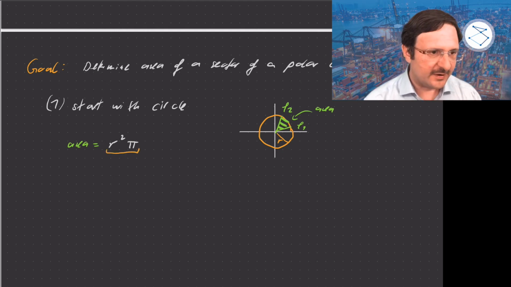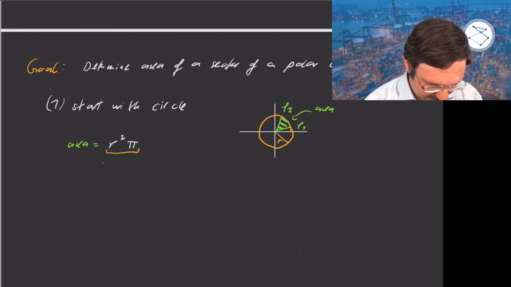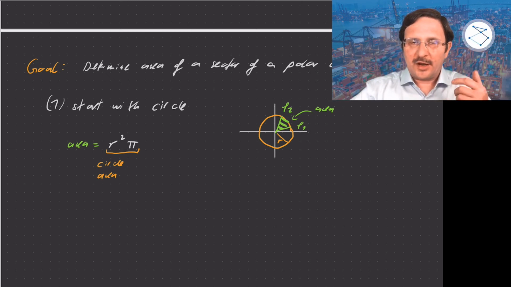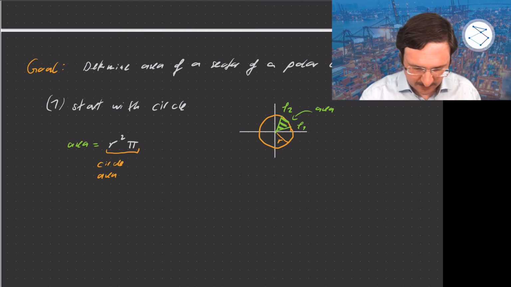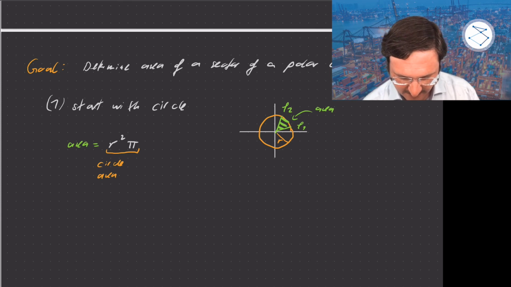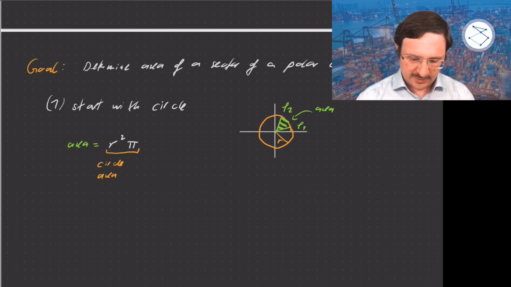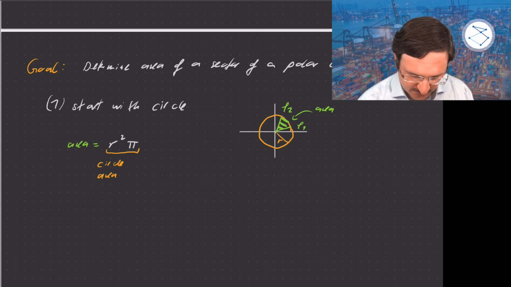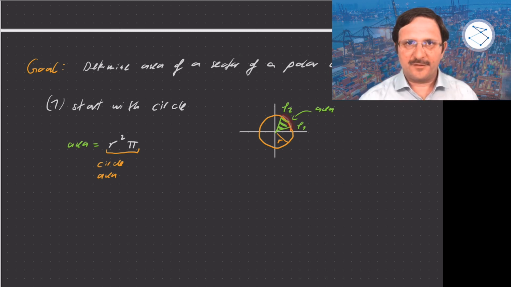So that part here, that is the circle area, or the disk area if you want, of that whole circle. And now we need part of that, and well, what part do we have here? We have the part between the angles phi 1 and phi 2. And basically the difference of these angles corresponds to the length of that sector line here.